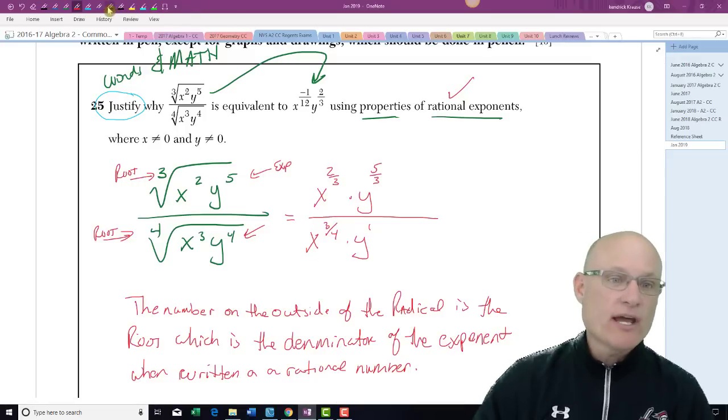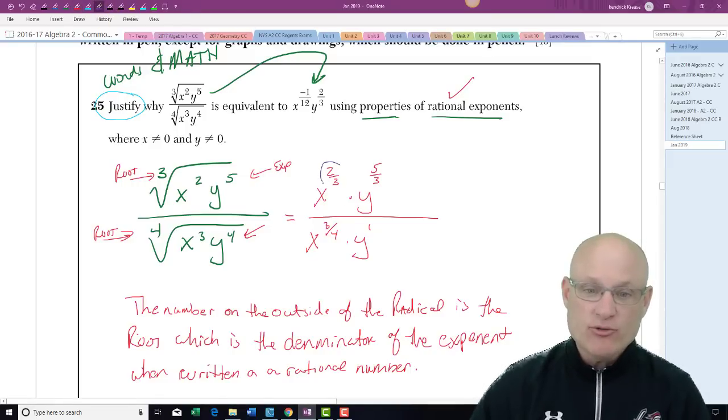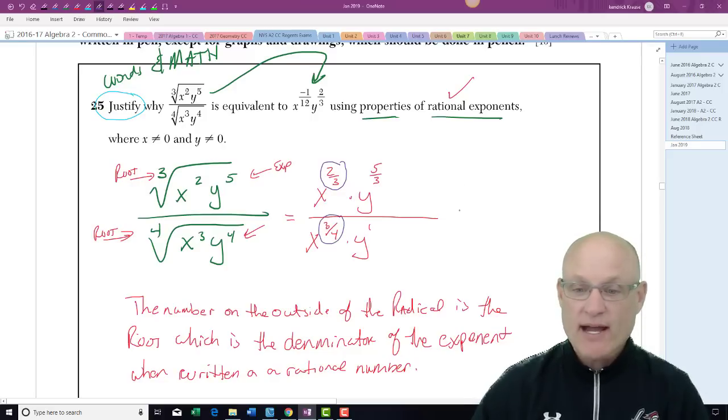So now what you got to remember is when you divide, you subtract the exponents. So if I was to subtract those two, I would get x to the negative 1/12. 2/3 minus 3/4 is negative 1/12, times y to the 5/3 minus, actually this is 3/3, it gives me y to the 2/3. So there's the math. Justify, there's math. Done the math.